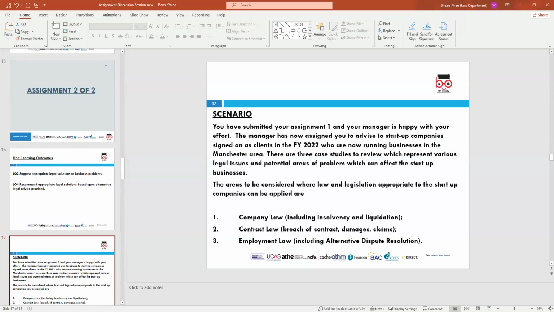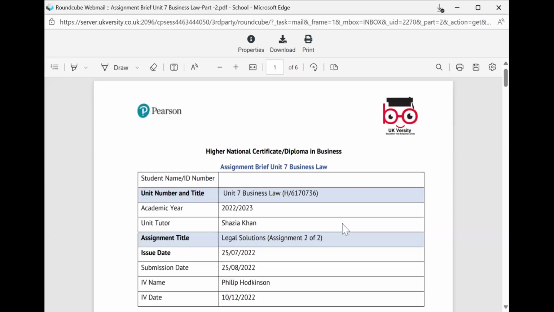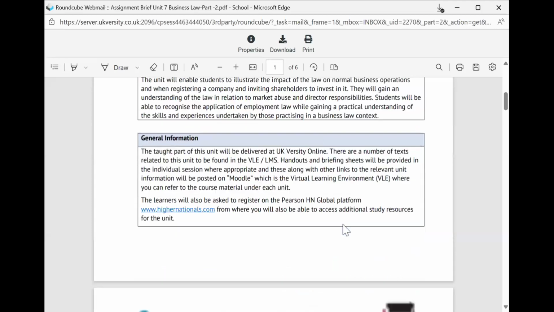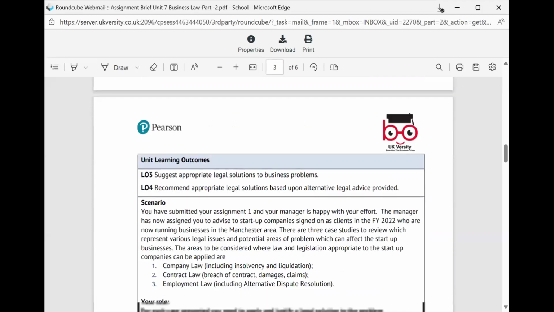Let me just show you the assignment brief again. I don't know if it's going to come up. Let me just stop sharing that. This is the assignment brief for assignment 2, and there's the same one for assignment 1.